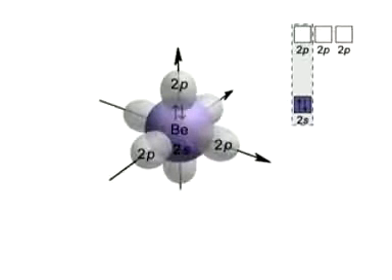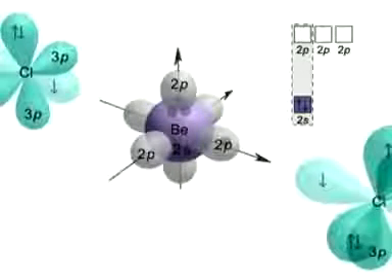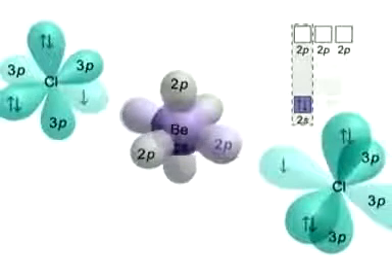Putting these ideas together, we can imagine the hybridization process for BeCl2 as something like this. The isolated beryllium atom, with its filled 2s and empty 2p's, is shown with the small box diagram above. The chlorines have three 3p orbitals, but we'll fade out the ones that are not involved in bonding.